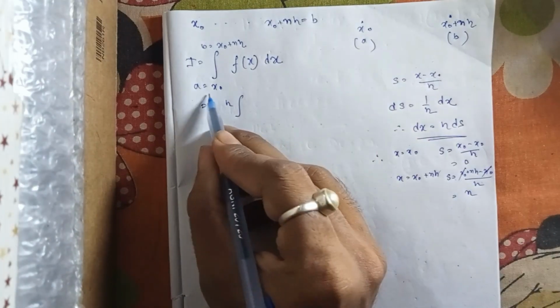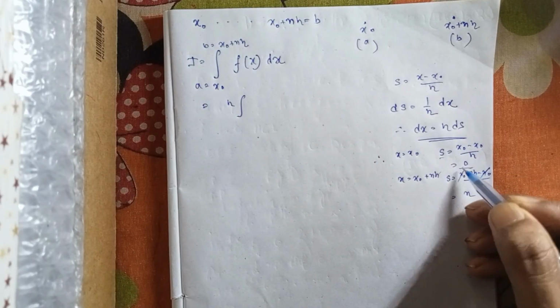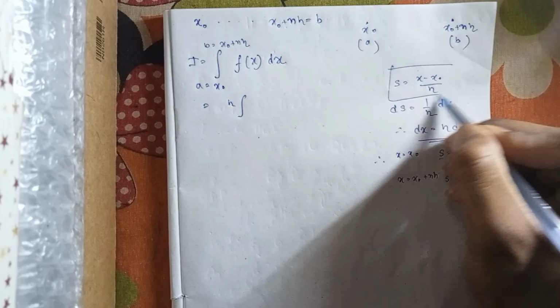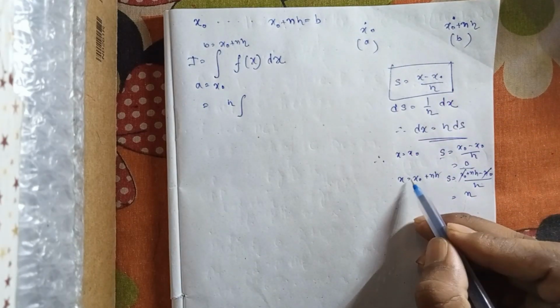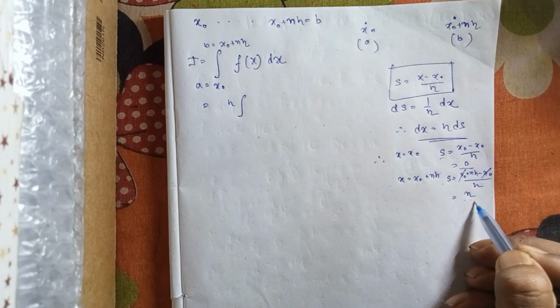When x equals x0, then s equals 0 by this formula. And when x equals x0 plus nh, then s equals n.